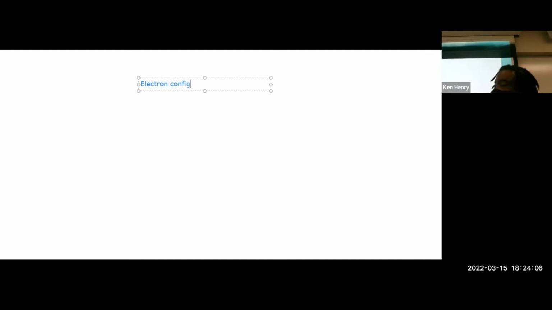And you also need to know this. So if we're doing electron configuration for Cr3+, we're going to do it the long way and we'll do it the short way.